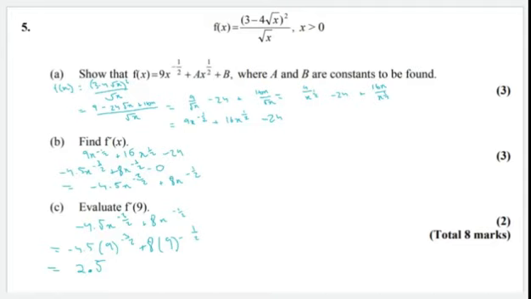Good. Minus 2.5 or just 2 point? Oh, sorry, no, 2.5. I don't know why I said minus, because I haven't even worked it out, so I wouldn't even know. But yeah, putting it in the calculator, basically putting in 9, that's the idea. And yeah, the answer is 2.5.